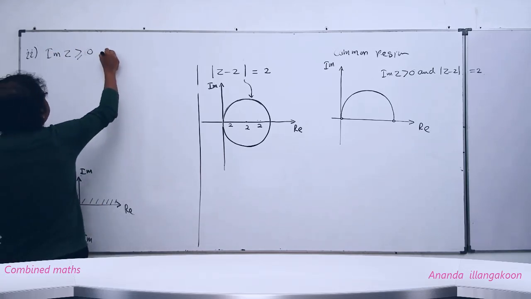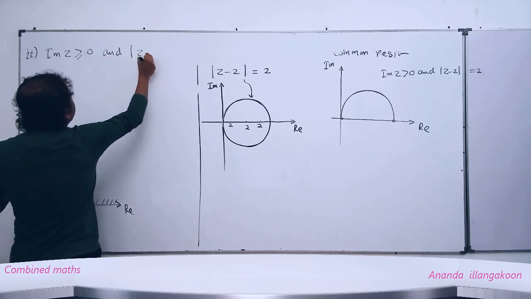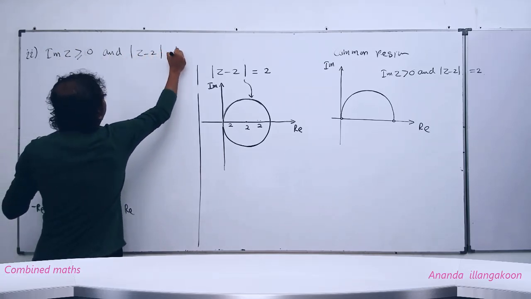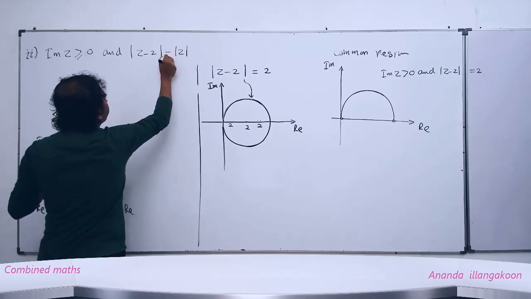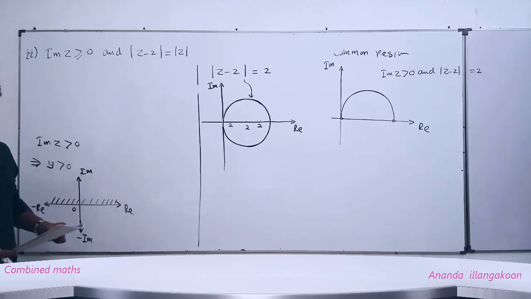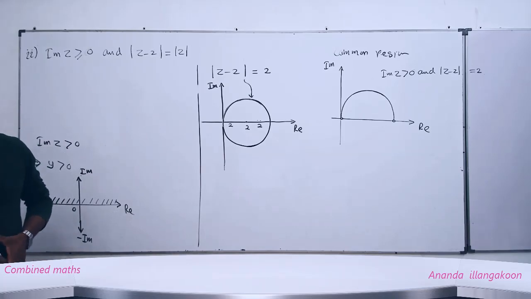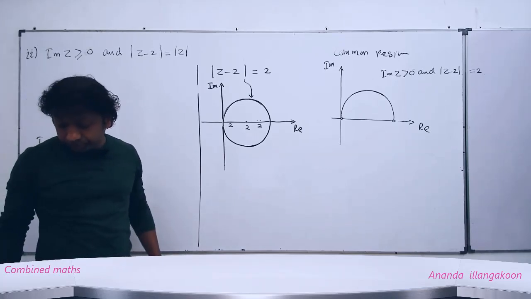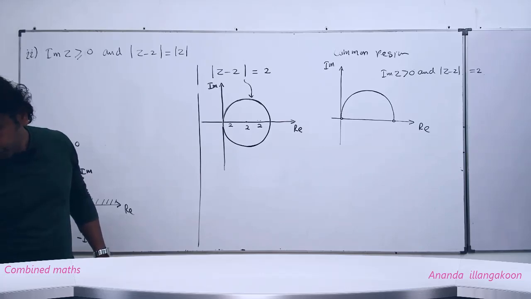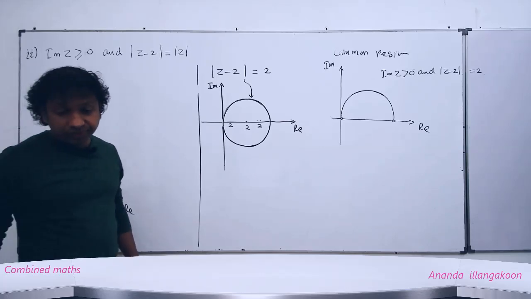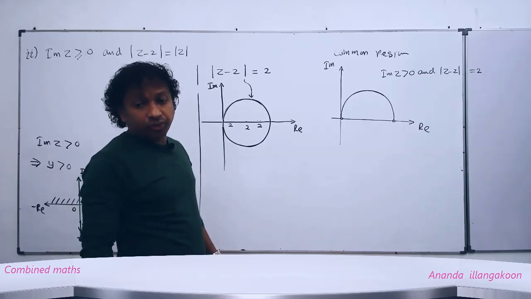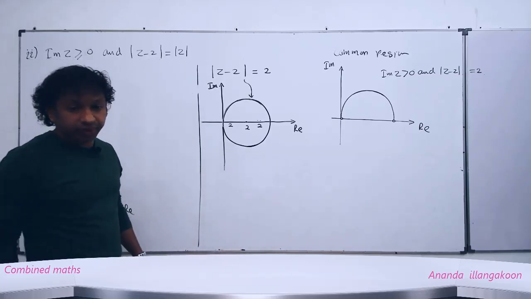And the second condition, mod z minus 2 equals mod z, people. Like this. Can you sketch the common region for both? Try to sketch this.